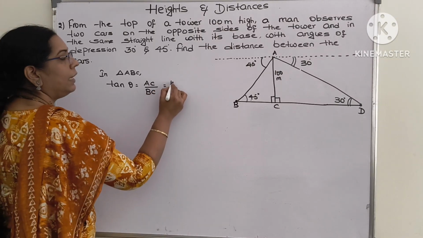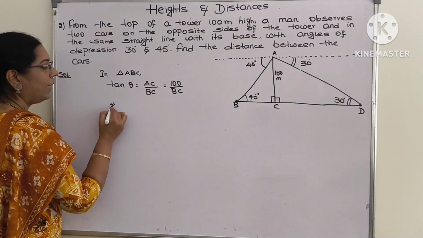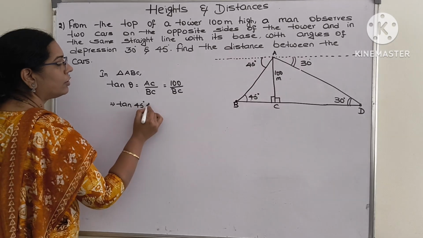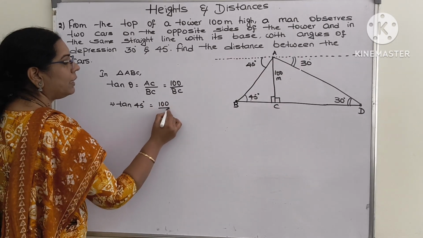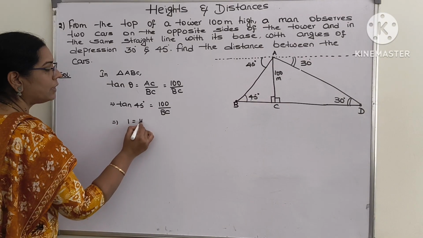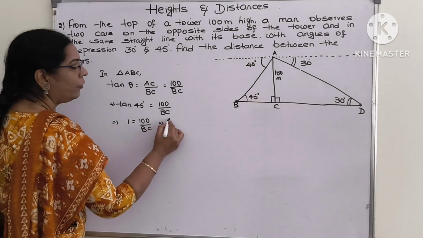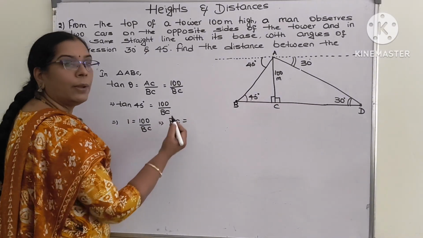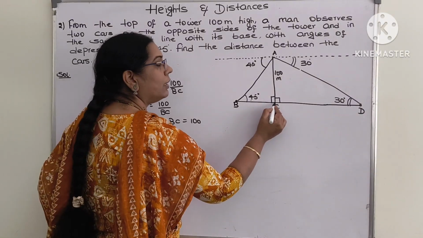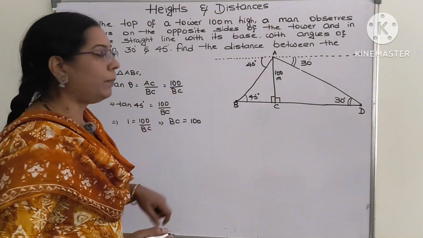What is AC? AC is 100 by BC, and tan theta is tan 45 degrees, which is equal to 100 by BC, and you know tan 45 is 1, which is 100 by BC again. So if you do the cross multiplication, BC will become 100. So the distance between the tower and the first car is 100 meters.